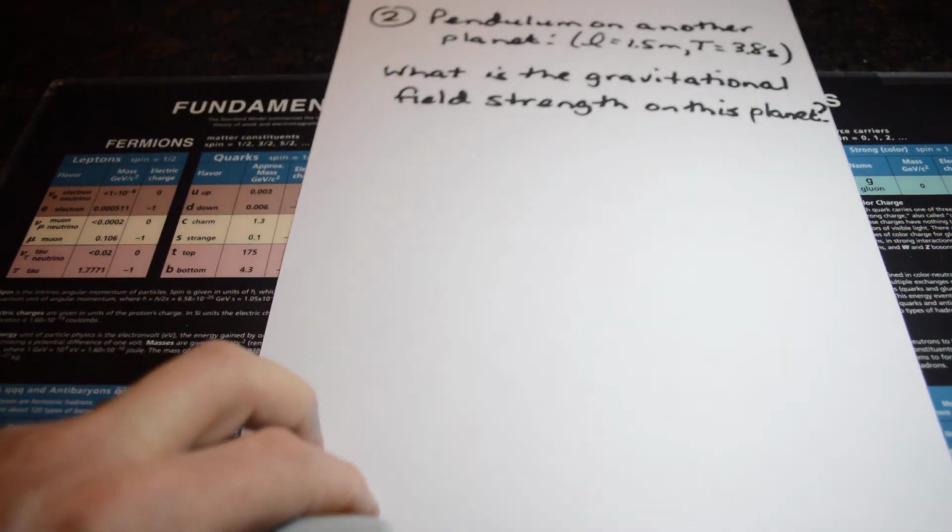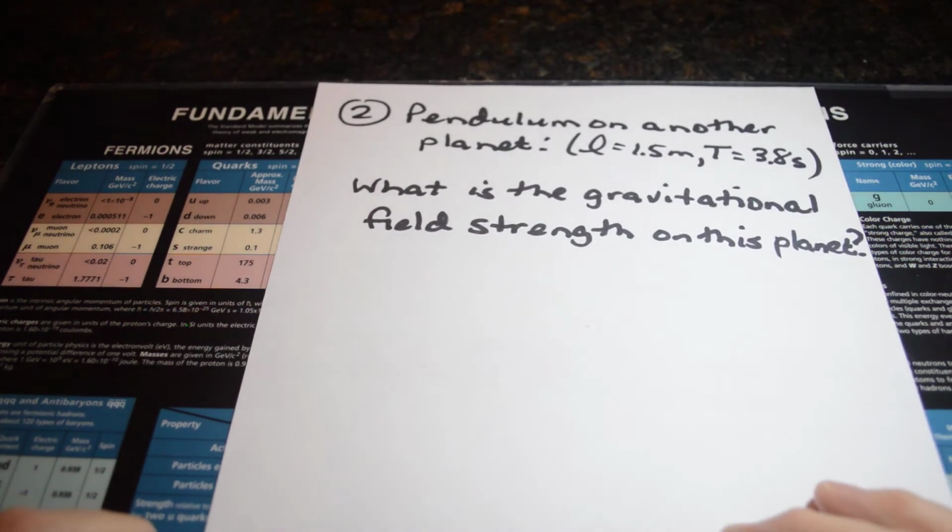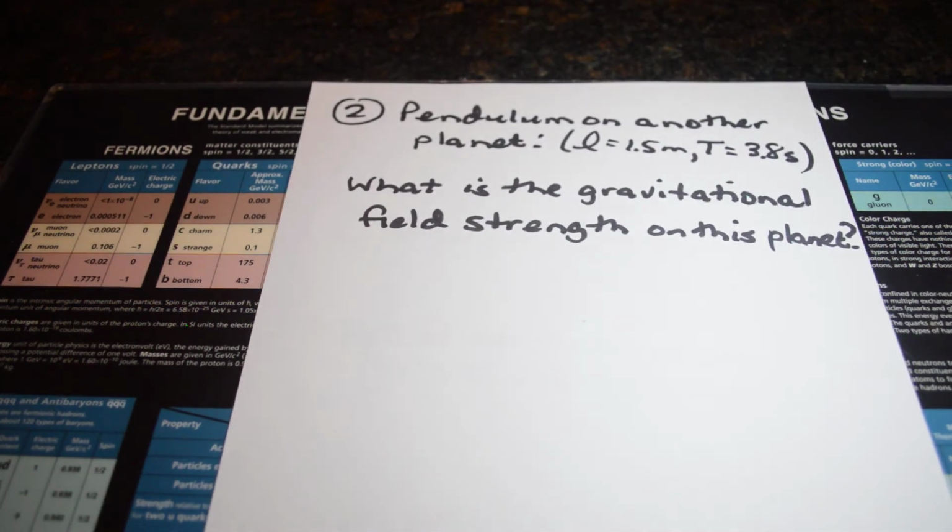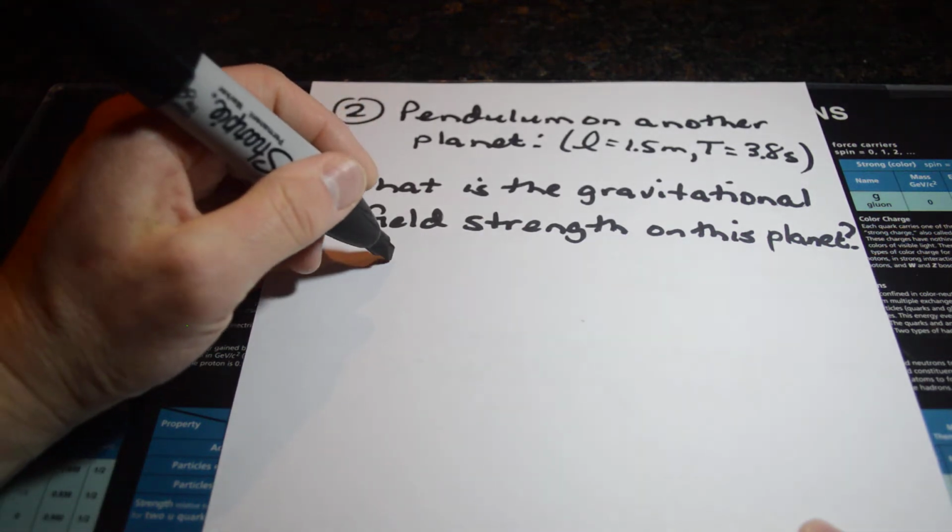All right. Next, we have an example of a pendulum on another planet, and it asks you the question, what is the gravitational field strength on that planet? Gravitational field strength is the same as the g value, what we normally probably call the acceleration due to gravity. Okay?